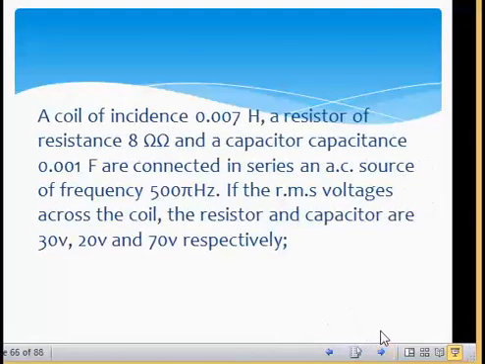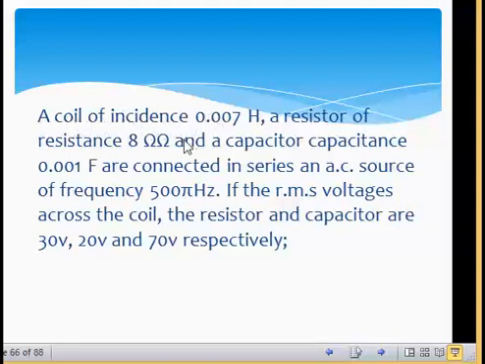Here I have another question. A coil of, this should be inductance, that's a mistake here. A coil of inductance 0.007 Henry. Henry is the SI unit of inductance, so please correct this.